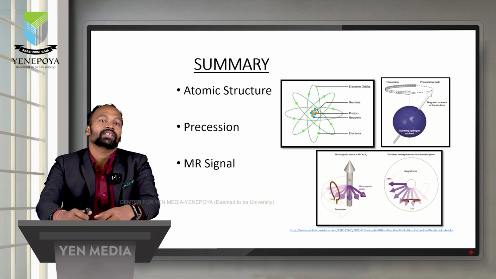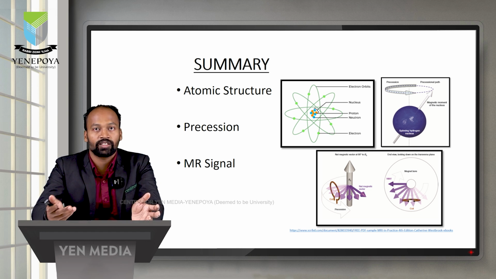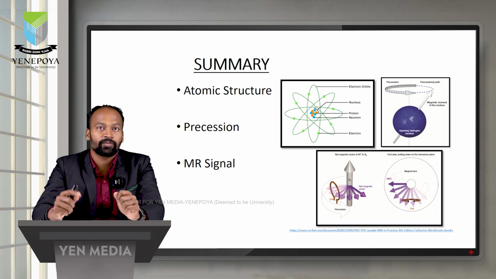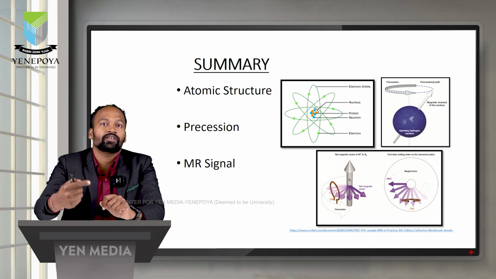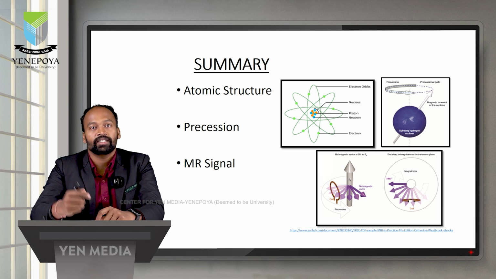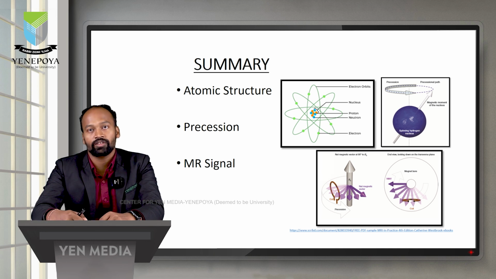In summary, we looked at the atomic structure. There are different types of motions in an atom: electrons orbiting on their own axis, electrons rotating around the nucleus, and the nucleus itself rotating around its own axis. Next is precession.